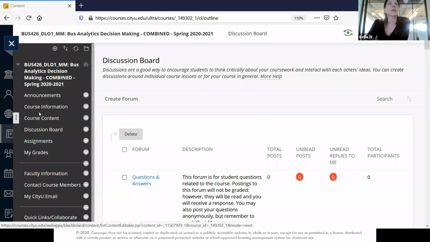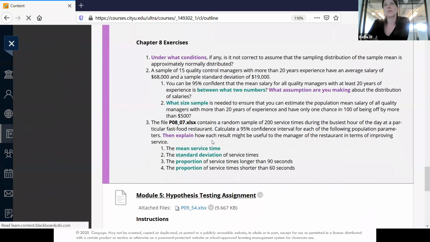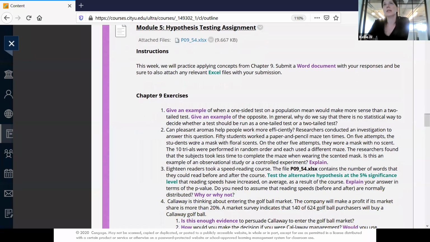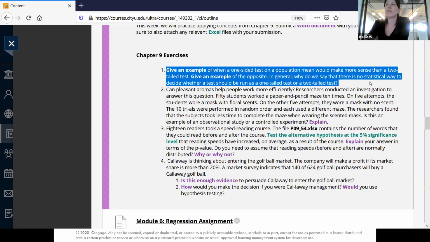For your assignment, we're working with some examples. The first couple of questions are conceptual, so you'll be using your reading from the book and what we talked about today. This first one should be pretty straightforward because we did a couple of 1- and 2-tailed tests.